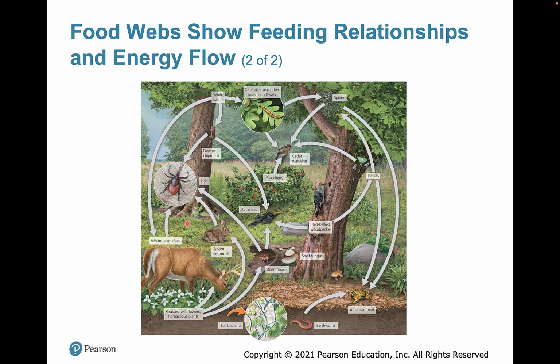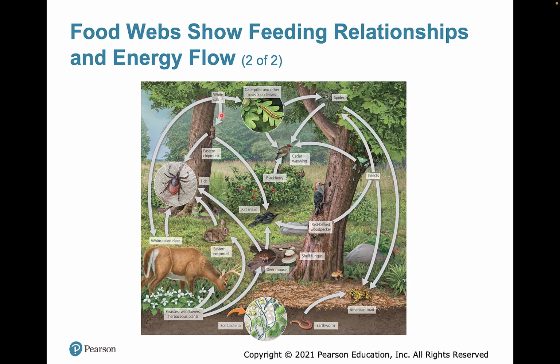A lot of organisms, and even with the white-tailed deer, that's going to eat the wildflowers and herbaceous plants and also the oak, all right? So if you take a look at the tick here, the tick is a parasite, so it gets energy from the white-tailed deer, the cottontail, and the deer mouse, and the chipmunk, all right?